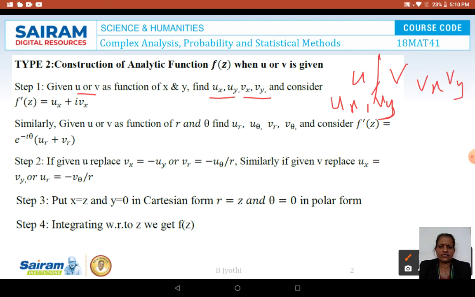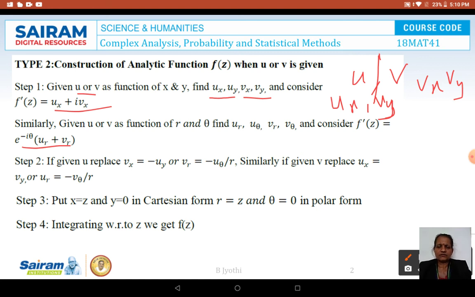Later we consider f dash of z is equal to ux plus ivx, or if it is in the polar form, we will be considering f dash of z as e to the power of minus i theta into (ur plus ivr).